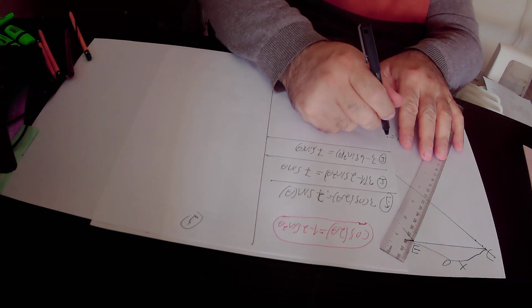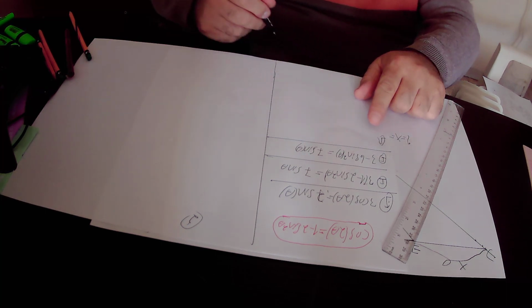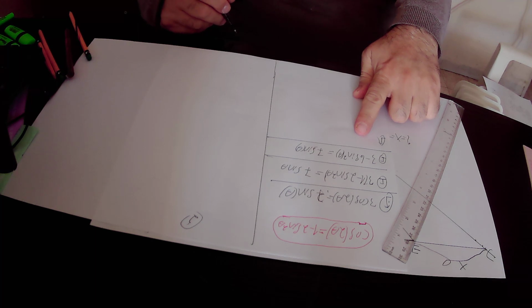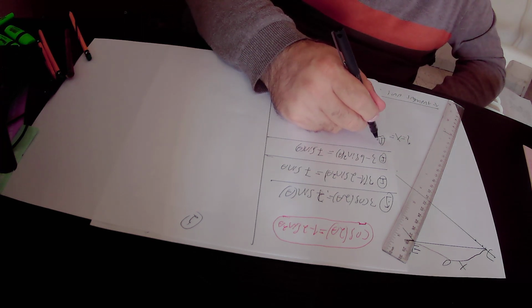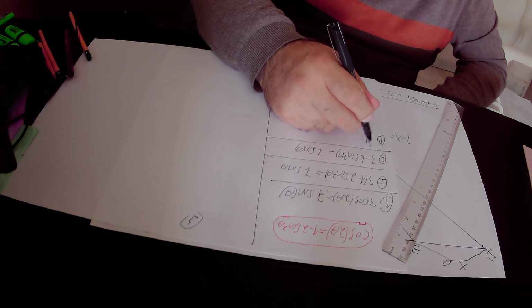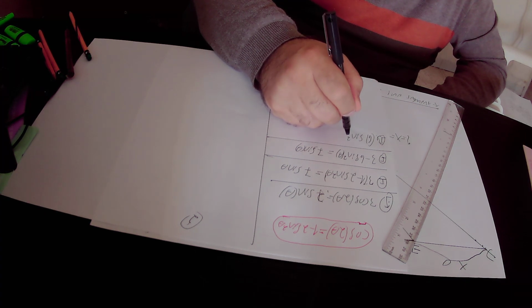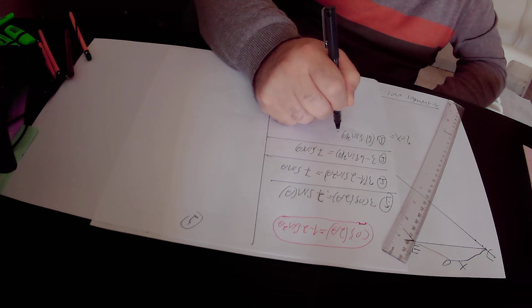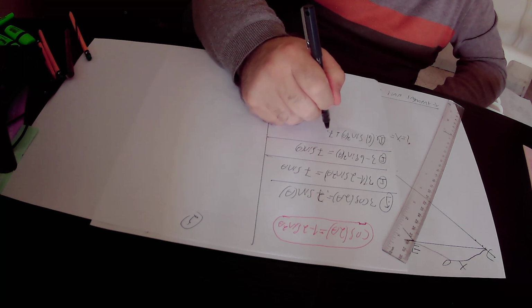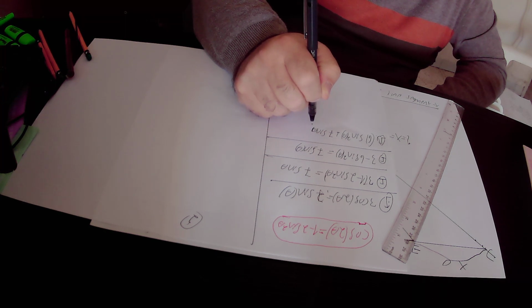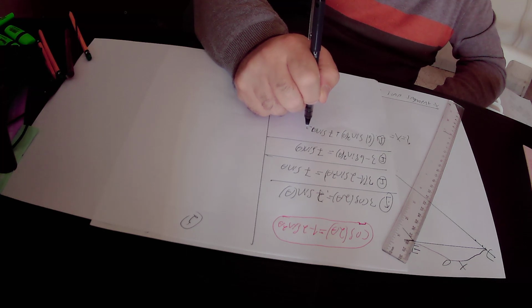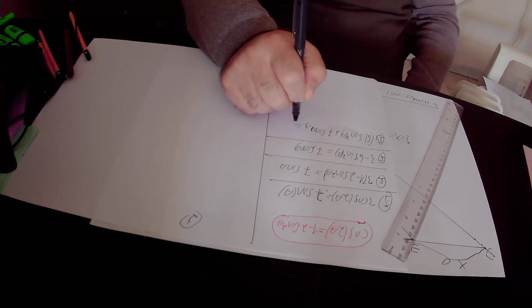So here we will add 6 times sine squared theta and also subtract 3, and we will get 6 times sine squared theta plus 7 times sin theta minus 3 equals 0.